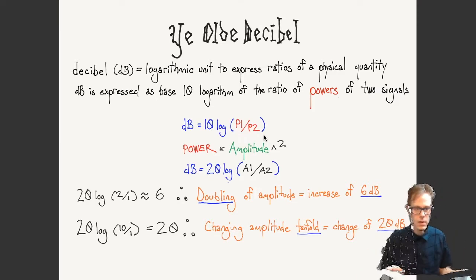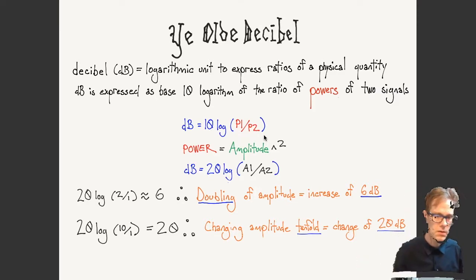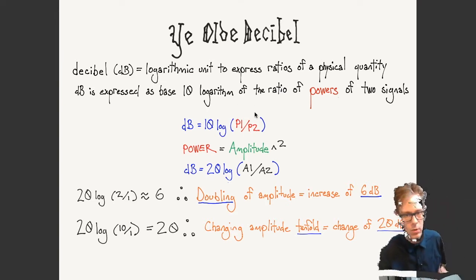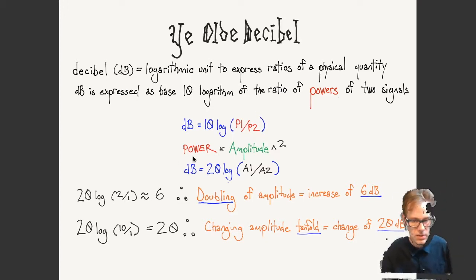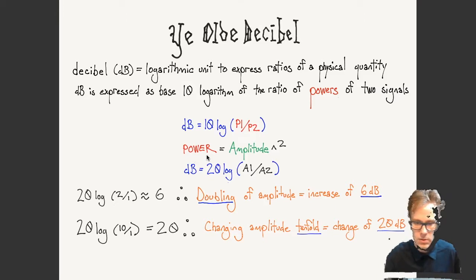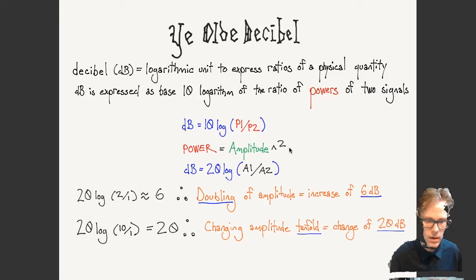And specifically, mathematically, here's the formula. 1 decibel is equal to 10 times the base 10 logarithm of the ratio of power 1 over power 2. Now, the power of a signal is directly derived from its amplitude squared.